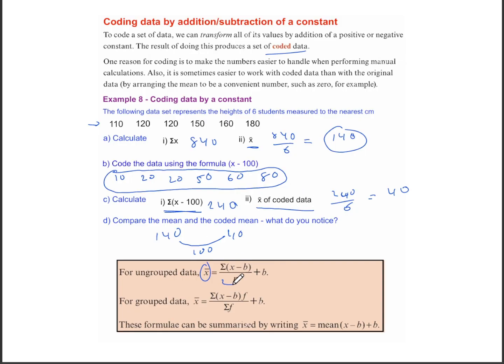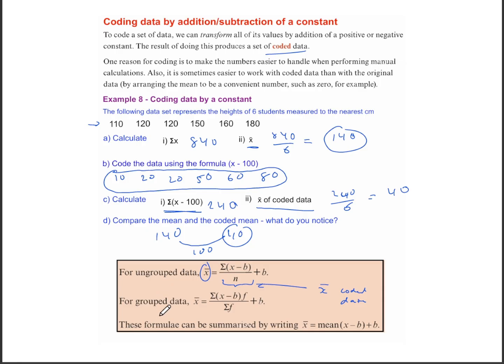which is the x bar of the coded data, plus the same number that you subtracted at the start. So if we take this and add 100 to it, which is what we subtracted from each of those data points, we will get what the original mean was.